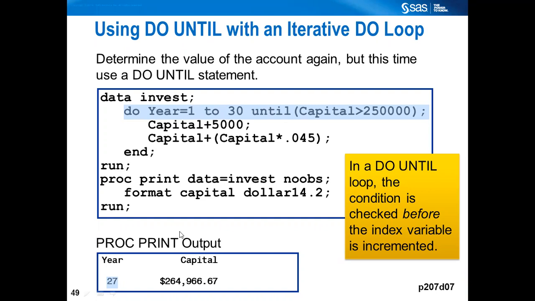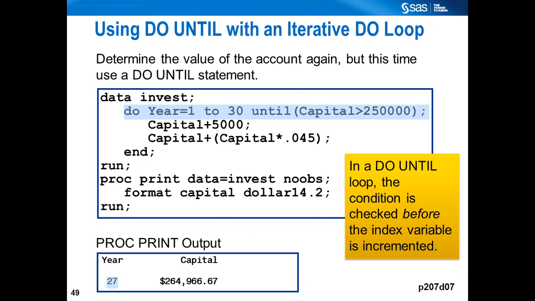The capital is more, which is 264,966. Getting it? Read this, which is highlighted in yellow, and understand how it works with the loop when 1 to 30. So we know at every END, your index variable gets incremented by 1.